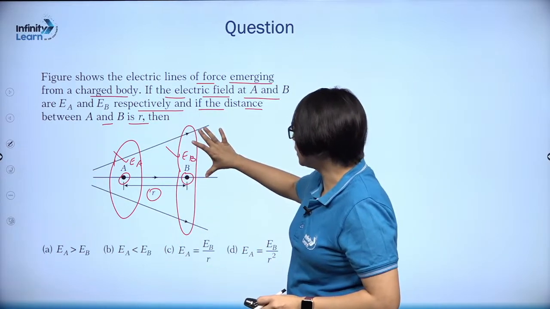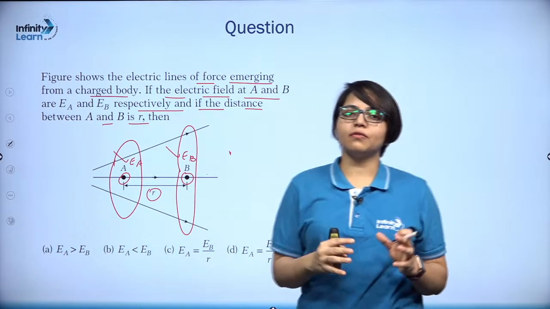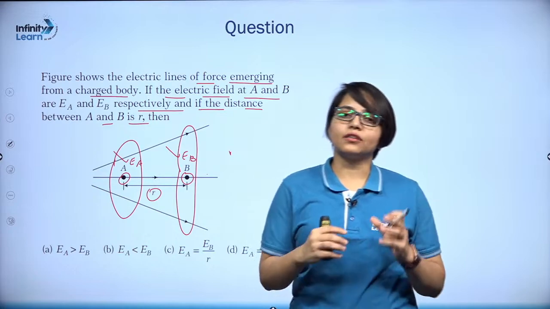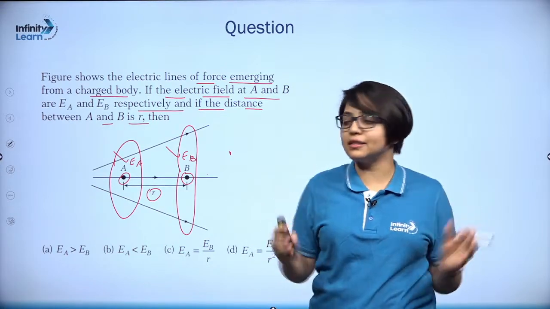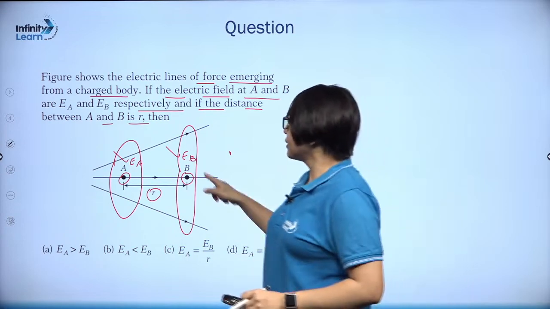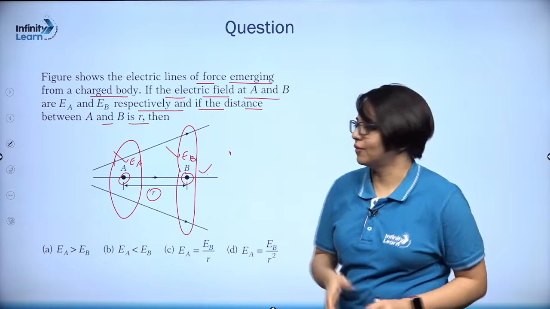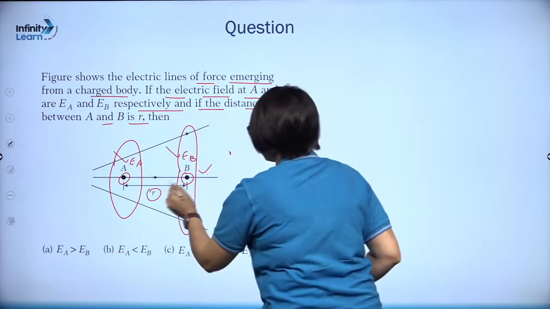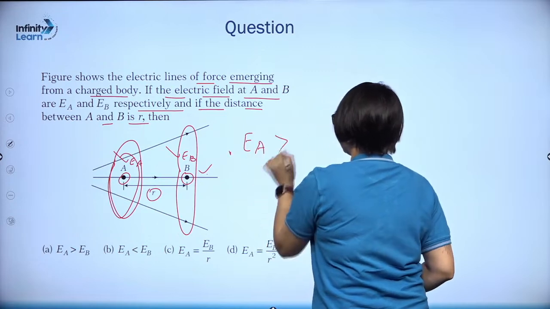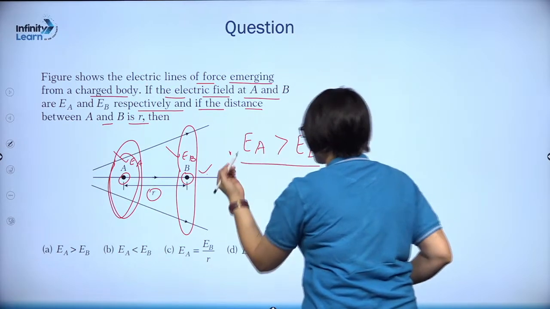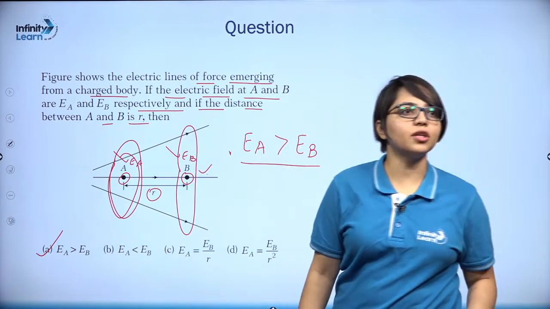The separation over here is large as compared to this one, and if electric field lines are closer, that means electric field in that region is strong, and if electric field lines are far apart from each other, that means in that region electric field is less strong. Right, so over here you can see that it is closer in this region, so EA is greater than EB. So correct answer is option A.